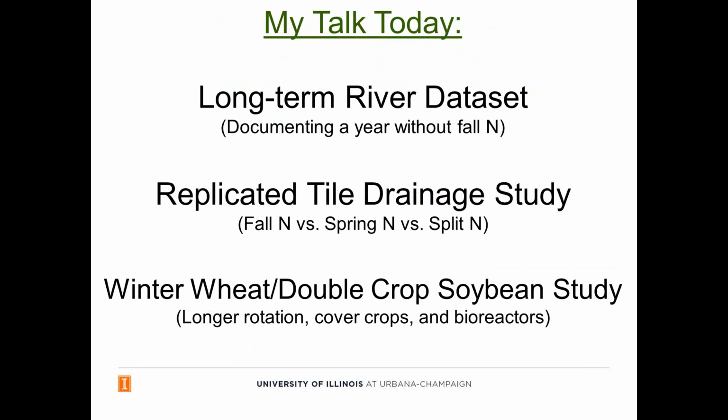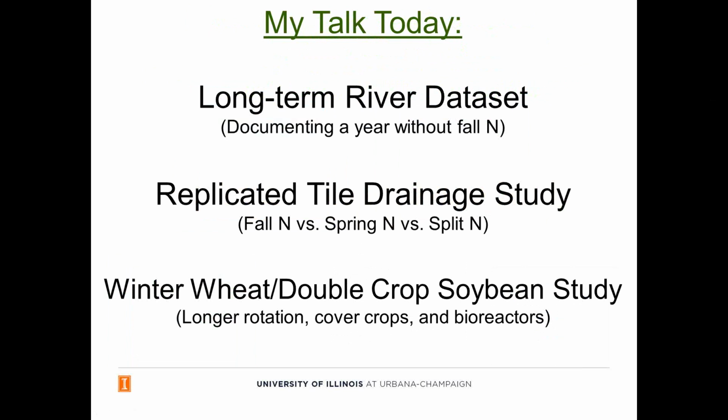So my talk today, I'm going to show you a long-term river data set of nitrate that we have collected for the past 25 years at the same location, and document a year when very little fall N was used, and show you that the rivers responded quickly to that.